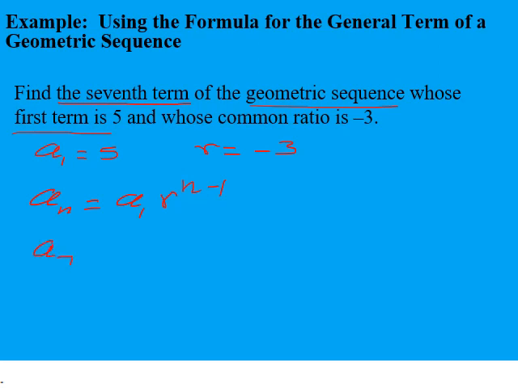So a7 is equal to a1, 5, multiplied by r to the power of 7 minus 1. So it's 5 multiplied by (-3) to the power of 6, which is equal to 3645.